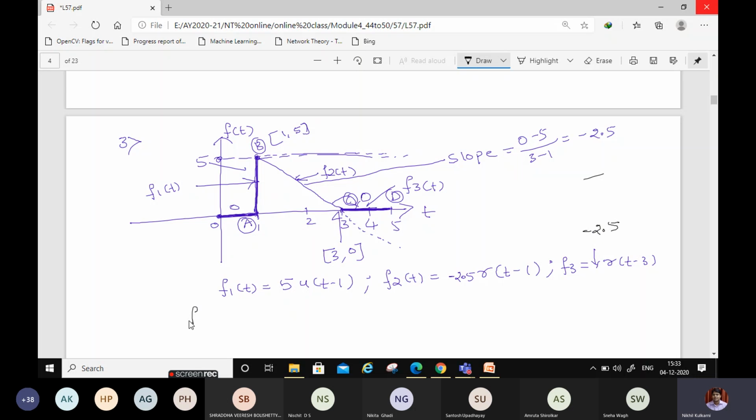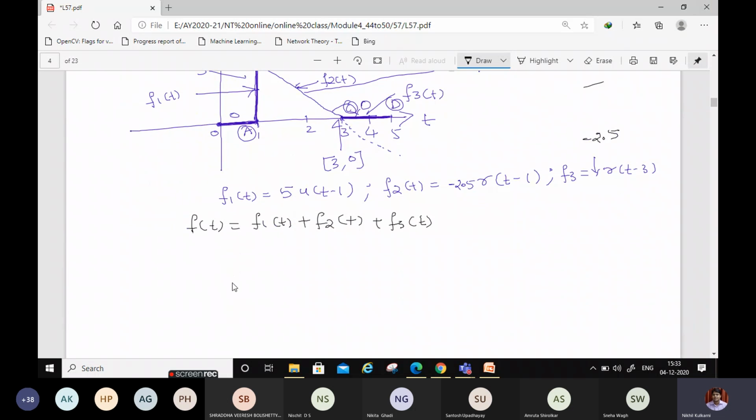So overall f of t will be what now? Addition of all these things. f1 of t plus f2 of t plus f3 of t. So you just add them. What is f1? 5 u of t minus 1. f2 is minus 2.5 r of t minus 1. f3 is, sorry, plus 2.5 r of t minus 3.